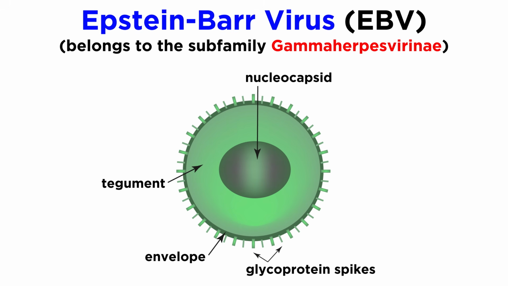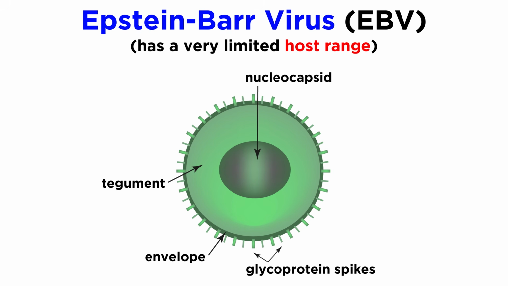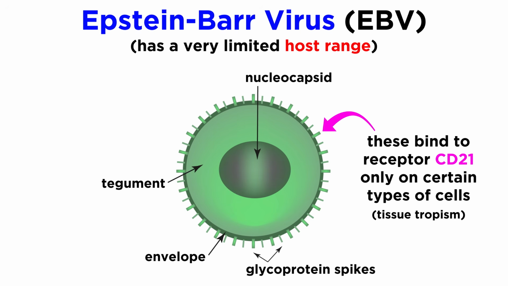The virus itself belongs to the subfamily Gamma herpes virinae within the human herpes viruses. Epstein-Barr virus has a very limited host range. Plus, because the receptor that EBV binds to, called CD21, is only expressed on certain types of cells, this virus is considered to have a tissue tropism.